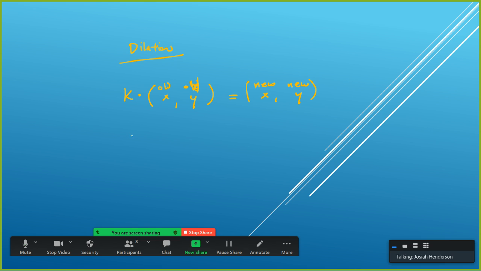And then for translations, left means minus the change number, and right means plus.